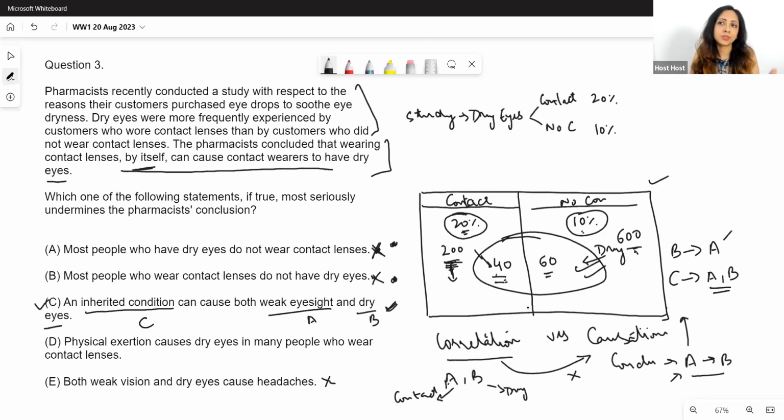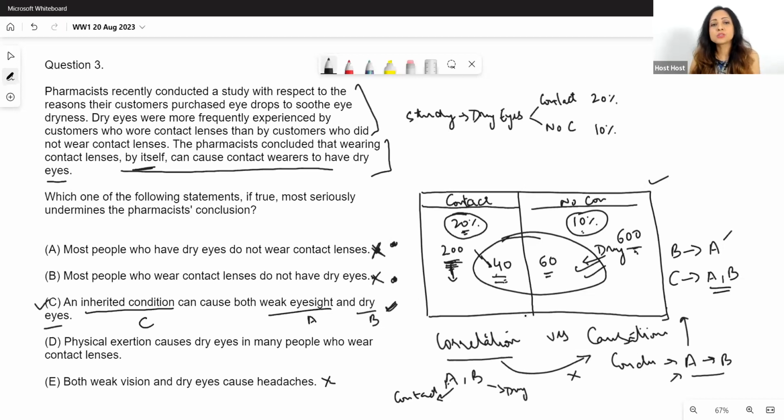It will not have two correct answers in different degrees. I will not have a strong weakener and a weak weakener, right? I have only one weakener. It is very hard to say otherwise. Who can say what percentage of weak a particular option is? So that is why you will have only one weakener.